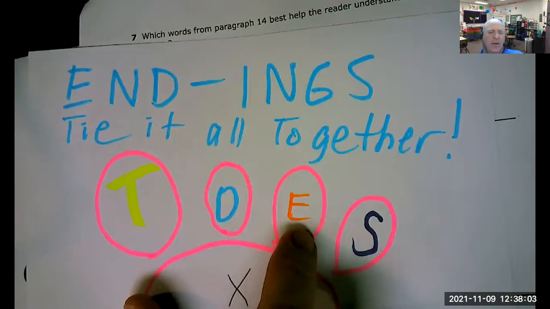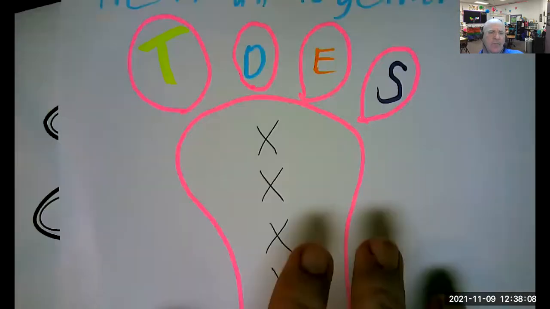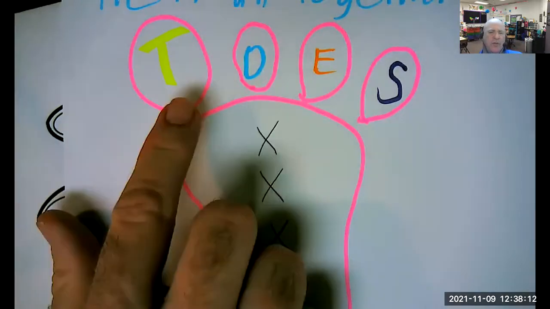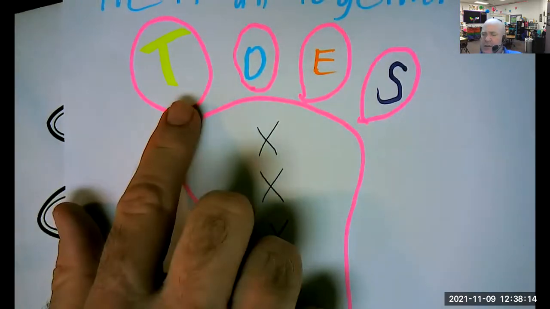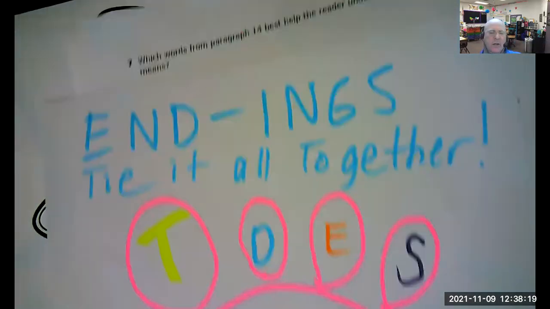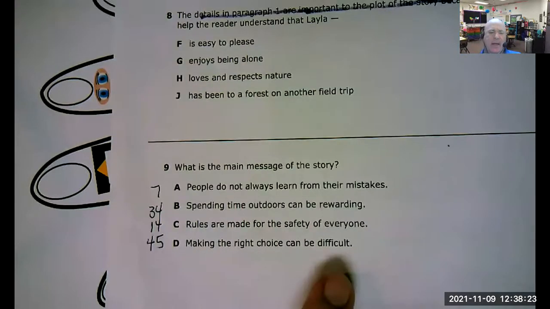You can tell when you tie this all together that the theme, the message, the truism about this story is that sometimes making the right choice can be difficult.